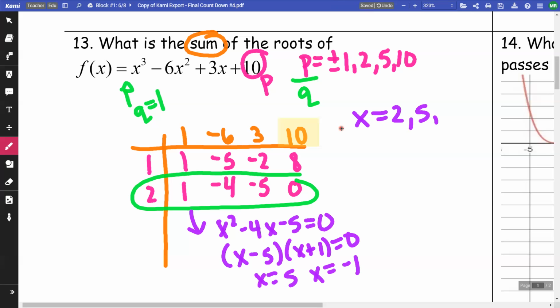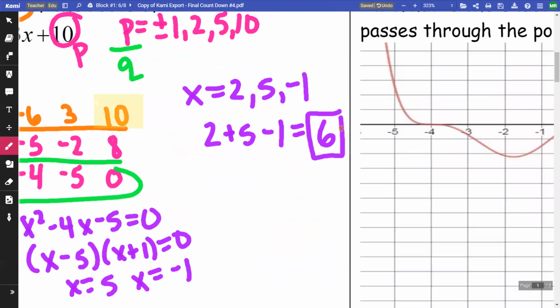So now I've got 5 and -1 and they wanted a sum. So I'm going to add 2 and 5 and a -1. So I get 7 minus 1, 6. That is the sum of my roots. Okay, my roots were 2, 5, and -1. Those were my solutions, but they wanted me to add them. And when I add them, I get 6.